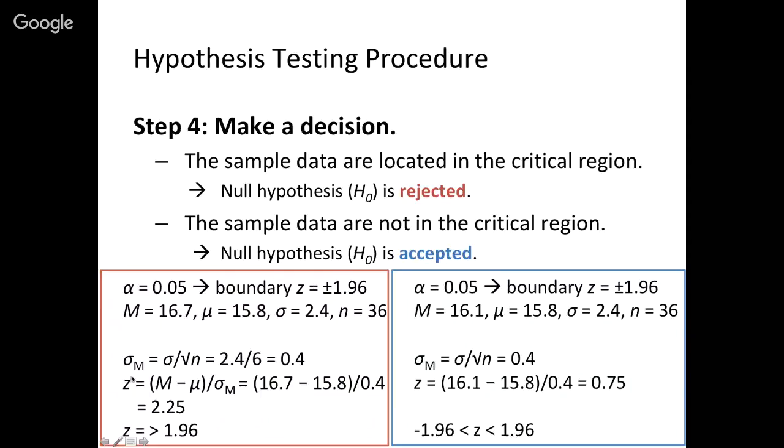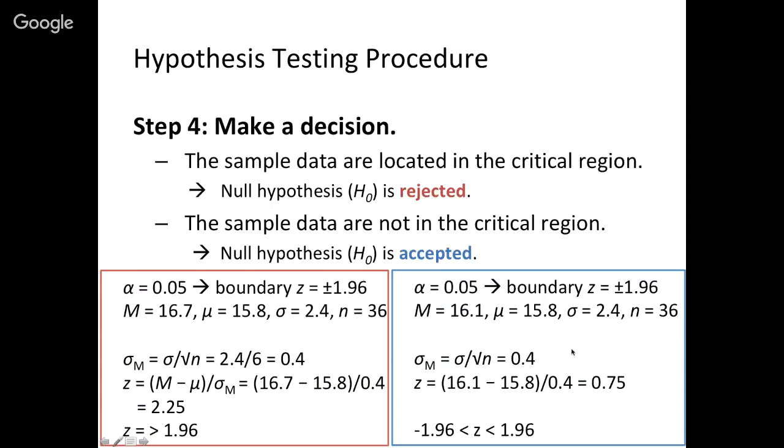So if the z-score is greater than the upper boundary, the positive boundary, or the z-score is smaller than the lower boundary, the negative boundary, then we say the sample data is located in the critical region. So we reject the null hypothesis. So we say we do have an effect, right?